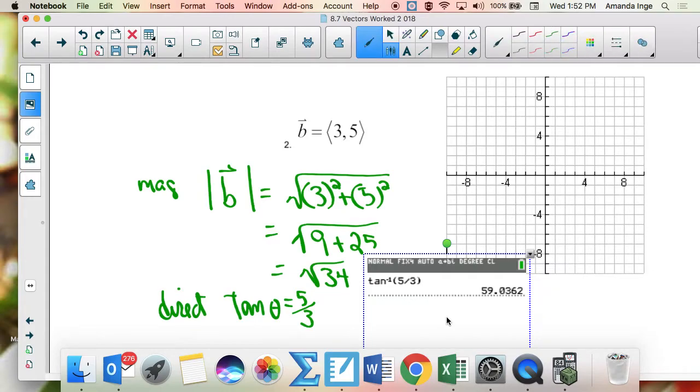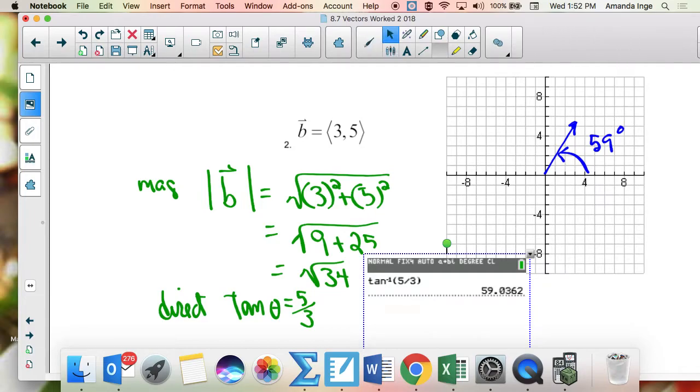Because we are in quadrant 1 at 3 and 5, okay? 59 degrees is the answer. In the last one, we divided like 4 and -2, so would you not divide 5 and 3? Well, you can, but just because it was a whole number, I divided it. Okay. We could have just put it in the calculator. Everybody good with this one?